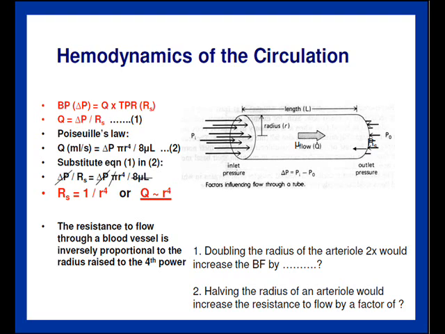Or as I've written down here, the resistance to flow through a blood vessel is inversely proportional to the radius raised to the fourth power. So the question becomes: doubling the radius of the arteriole, so on vasodilating, would increase the blood flow by how much?